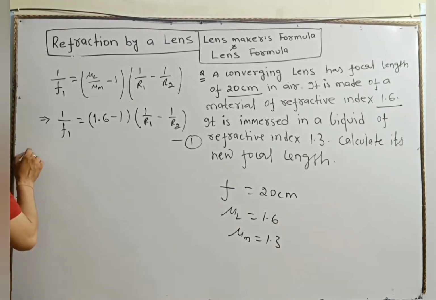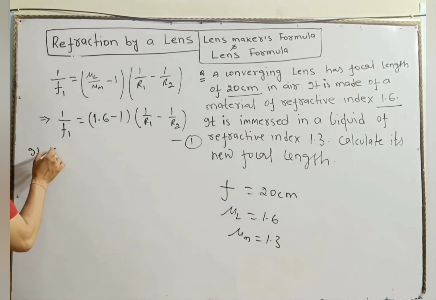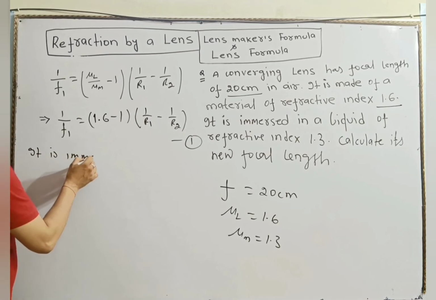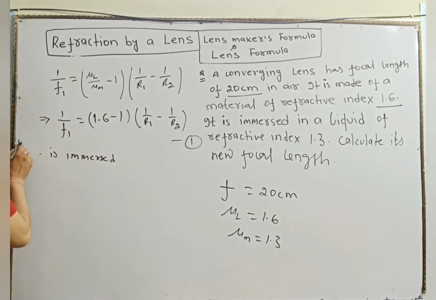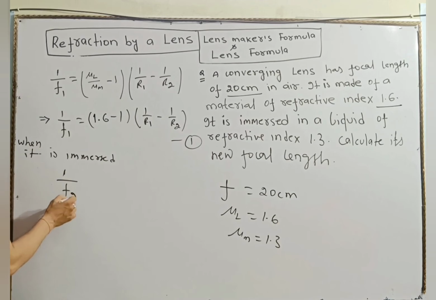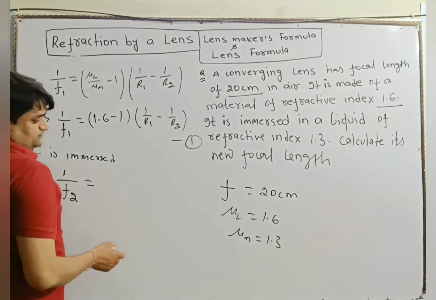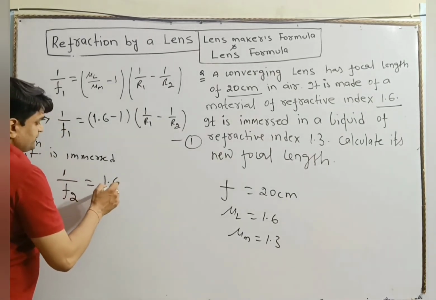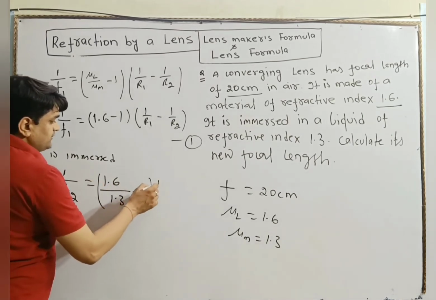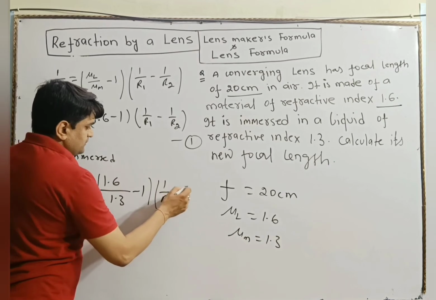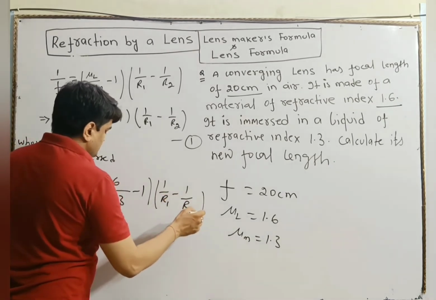Now when it is immersed, okay, when it is immersed, then let it be focal length f2. Then it becomes 1.6 upon 1.3 minus 1 and 1 upon r1 minus 1 upon r2.